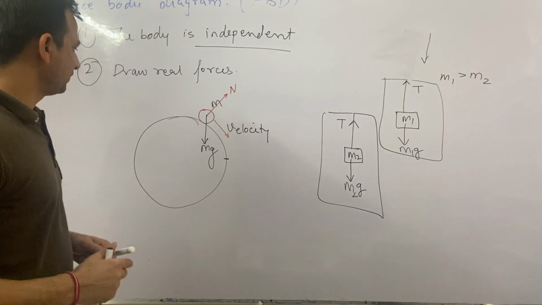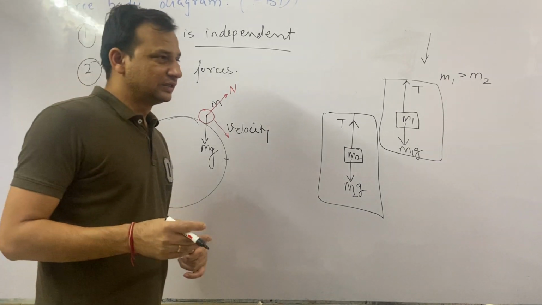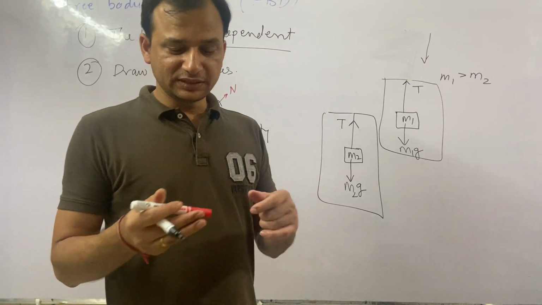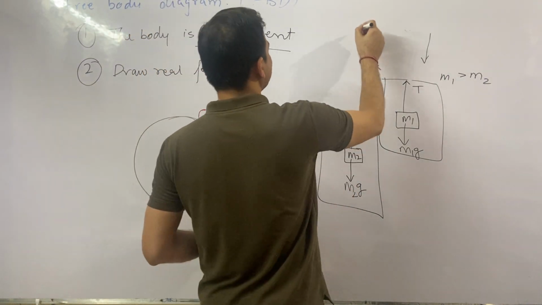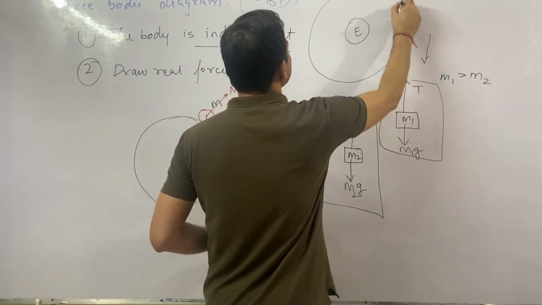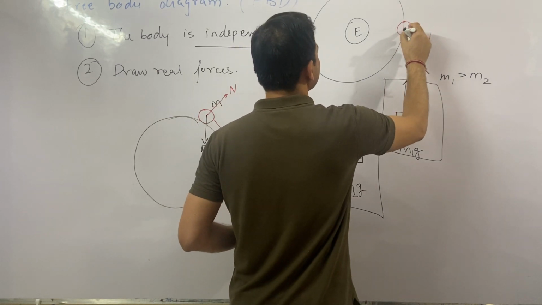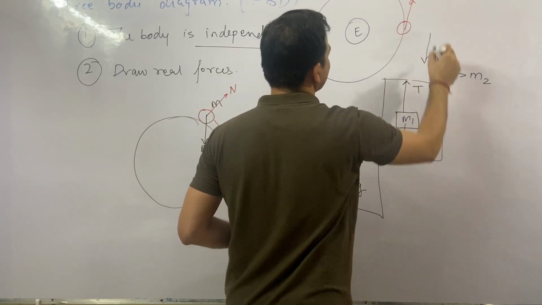Now the next example, we can take the example of motion of moon around the earth. So imagine this is earth and here is the moon, and moon is revolving around the earth, let's say with velocity v.